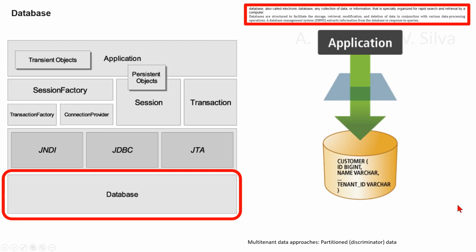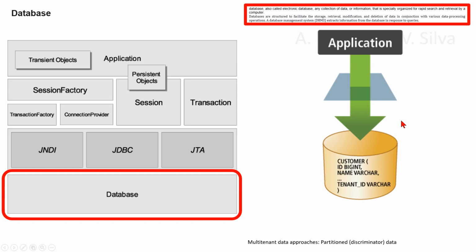Partition discriminator data in multi-tenant approaches. All data is kept in a single database schema. The data for each tenant is partitioned by the use of a partition value or discriminator. The complexity of this discriminator might range from a simple column value to a complex SQL formula.